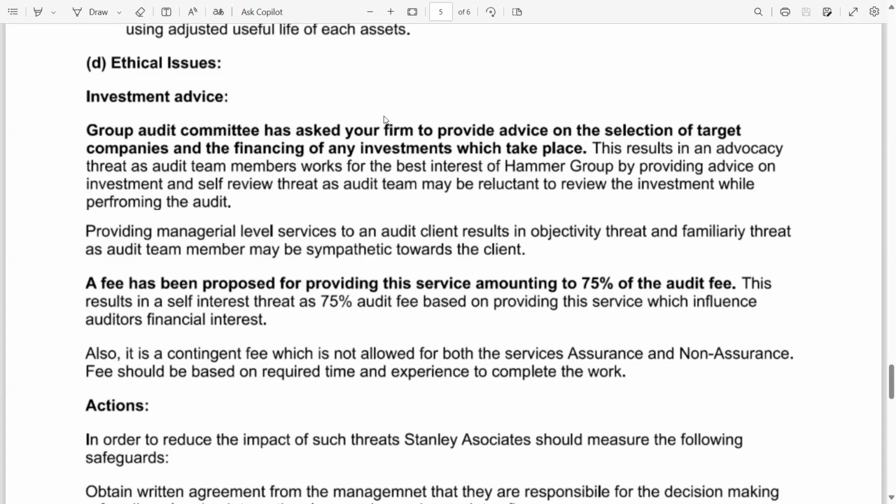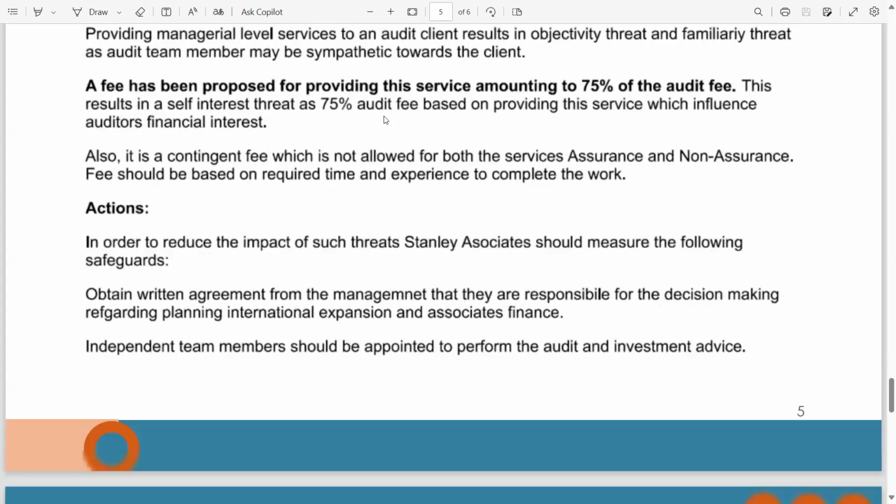A fee has been proposed for providing this service amounting to 75% of the audit fee. This results in a self-interest threat, as 75% of the audit fee is based on providing this service, which influences the auditor's financial interest. Also, it is a contingent fee, which is not allowed for both assurance and non-assurance services. The fee should be based on the required time and experience to complete the work.